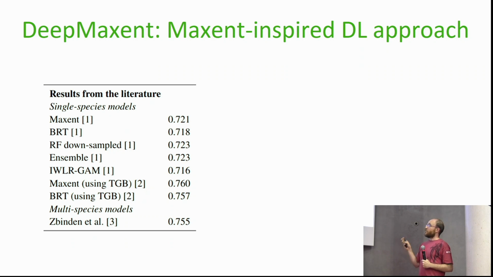And so these were the results in AUC of previous models on this data set by Jane Ellis and others. There we can see that the best results are basically Maxent using target group background, so the pseudo absences are only sampled from locations where other species have been observed.